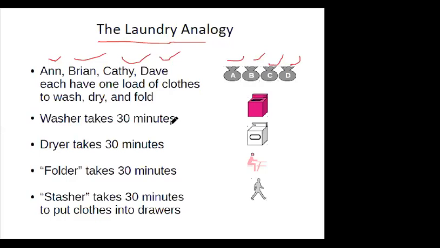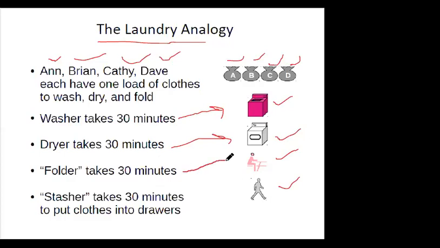So there are 4 processes to be taken care of. One, the load of clothes has to be washed. Then the dryer will dry it. Then we have a folder, one folds the clothes, and then dispatch. Every process involved takes 30 minutes to complete.